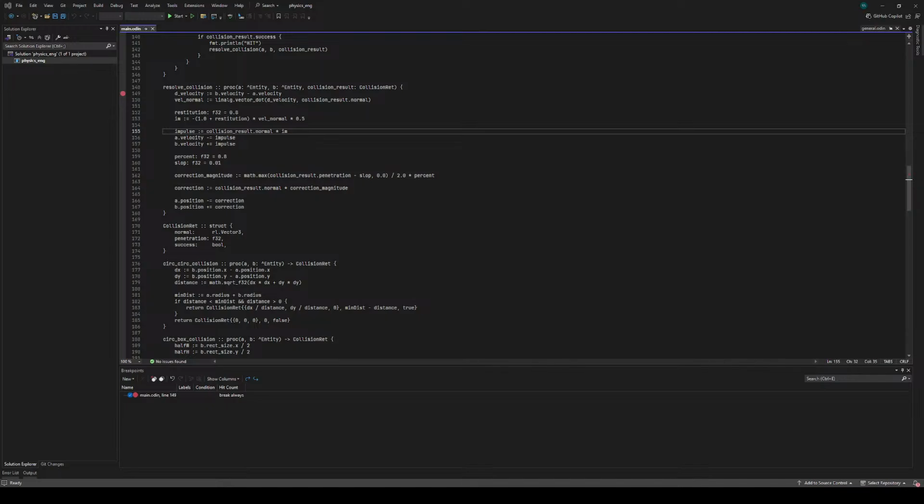Someone using, what was the name? Collision.